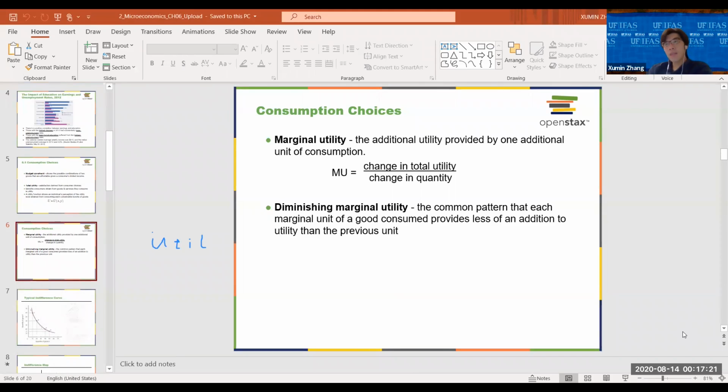There is another concept that we call marginal utility. If we consume an additional product, the additional utility will follow a decreasing trend. Keep it simple: if we eat the first hamburger, it will be perfect.